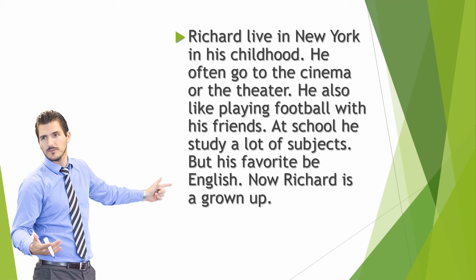He also liked playing football with his friends. At school, he studied a lot of subjects, but his favorite be English. Now Richard is a grown-up. So you read this text attentively, and after that you will find 5 mistakes that you will see in this text.